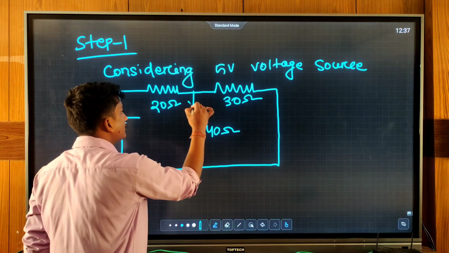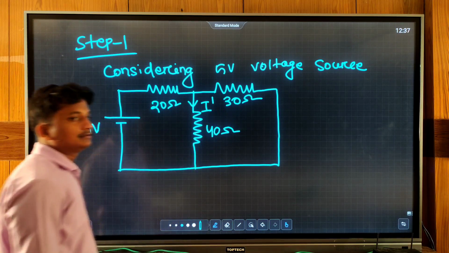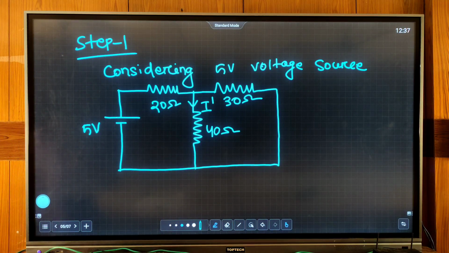This is our target resistance or target branch. I am taking current I S. So according to superposition theorem, we have to calculate the individual current of 5 volt source and 12 volt source, then we have to add it. So first I am taking the 5 volt source and calculating I S.